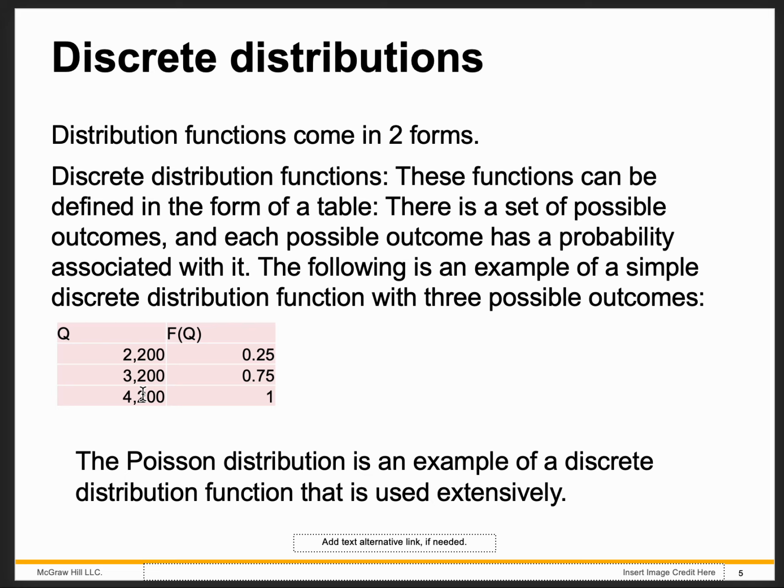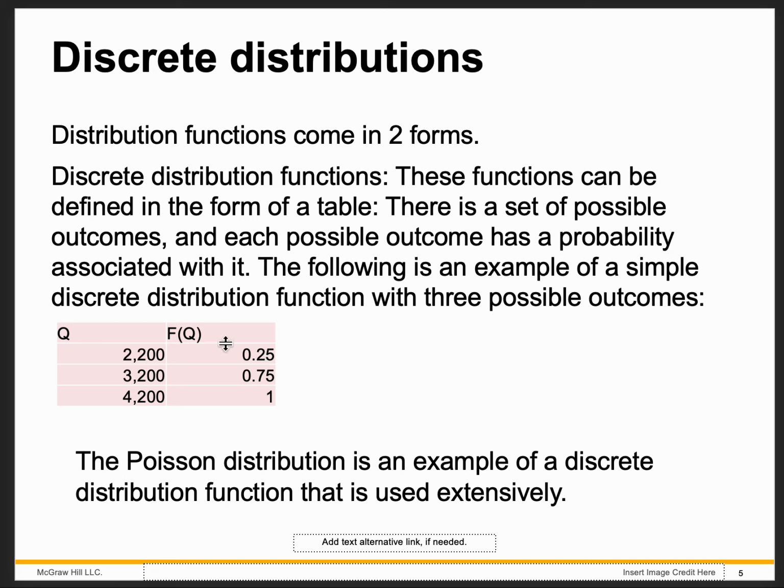Why multiples of 1,000? Maybe you can only ship them in pallets, and each pallet can carry 1,000 units, for example. So you only have a set number of possible demands, and then you have the corresponding cumulative probability. By cumulative probabilities, you mean you're adding up the probability of being less than or equal to that.